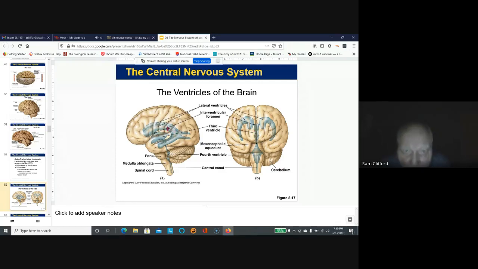So the cerebral spinal fluid is generated within all of these ventricles of the brain, and that solution is going to be exchanging substances and materials with the blood and going to be circulated around the brain in this subarachnoid space.